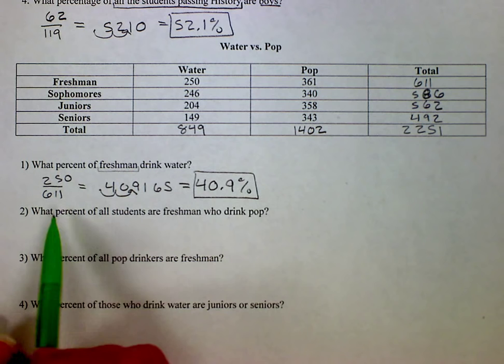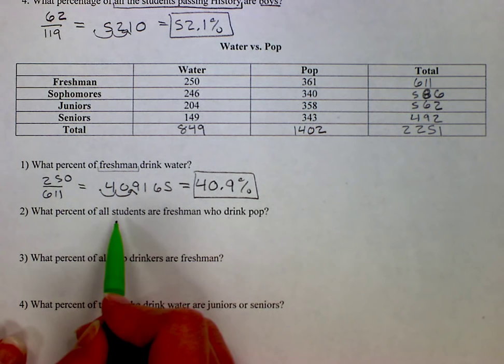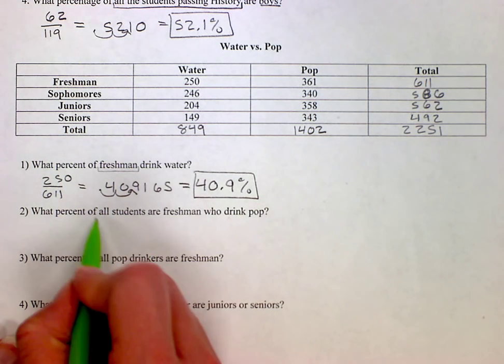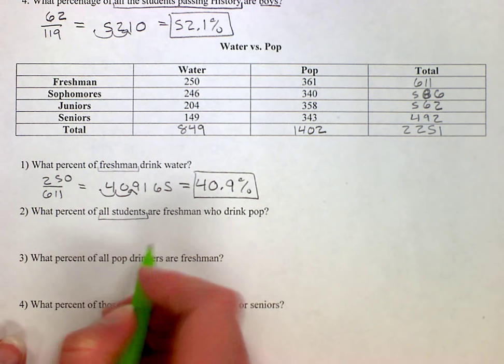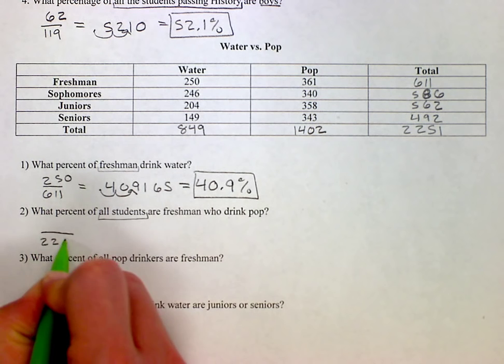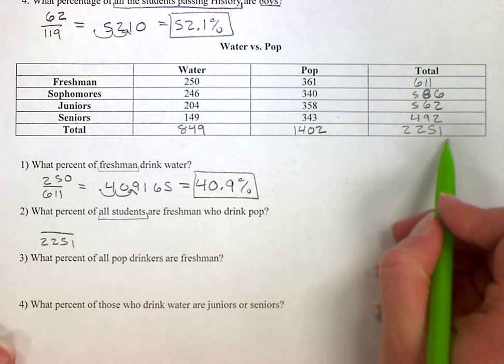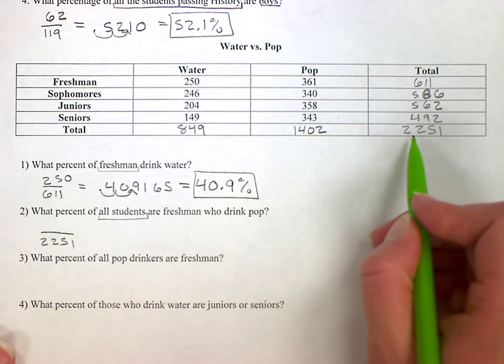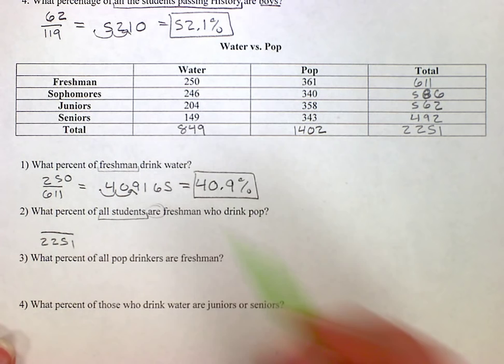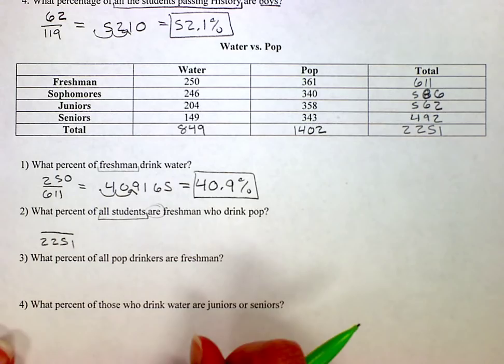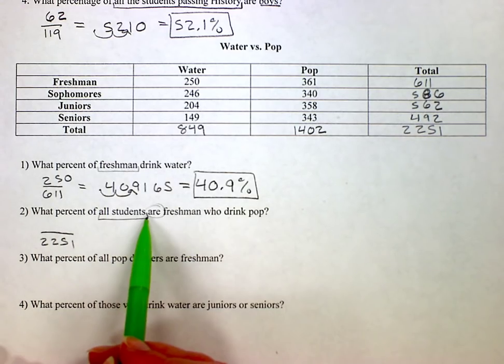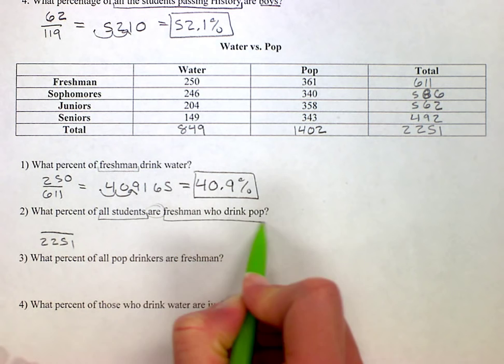What percent of all students are freshmen who drink pop? So this is all students. So in the denominator, the 2,251 are all students. And the "and" or "who" a lot of times separates it, so you can kind of read it that way. And we want the freshmen who drink pop.